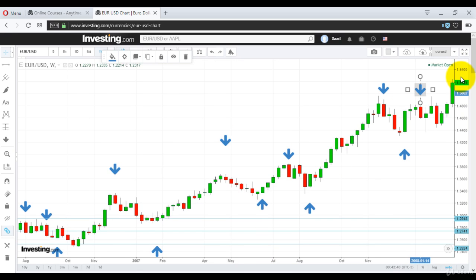Now the thing to note is, like in chart patterns, this course is not on those chart patterns, but to explain further, the rule is a double top can convert into a triple top, but it cannot convert into four tops. The fourth high usually goes up.